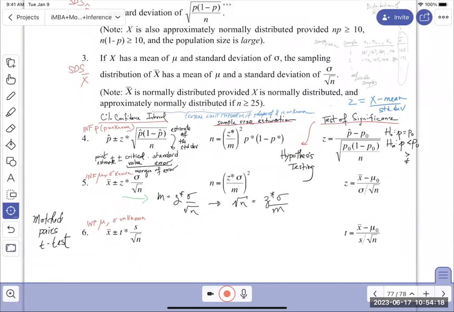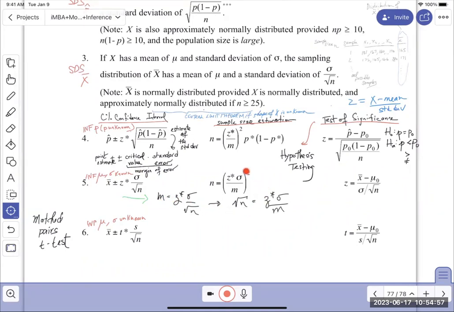So let's do this. The difference between 5 and 6 is sigma not known. Now, as I explained before, I start with building the theory and then I make it very realistic and less abstract by saying, well, I don't know what the mean is, but I can collect a sample and estimate an interval that could capture the mean C% of the time.